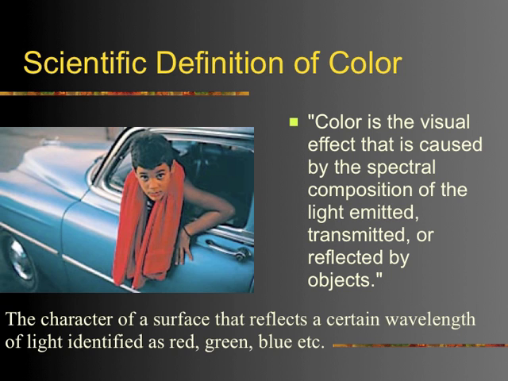You see that definition at the bottom of the screen. But in terms of science, color is the visual effect that's caused by spectral composition of light emitted, transmitted, or reflected by objects. So again, color is really an illusion. If there is no light, then there is no color. We can only perceive color through light.